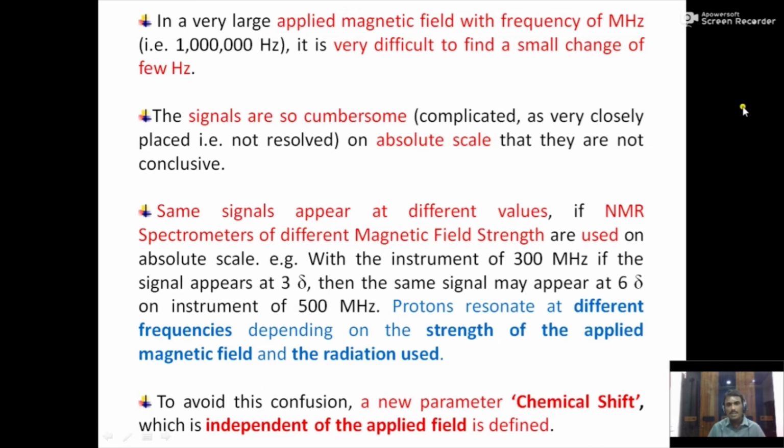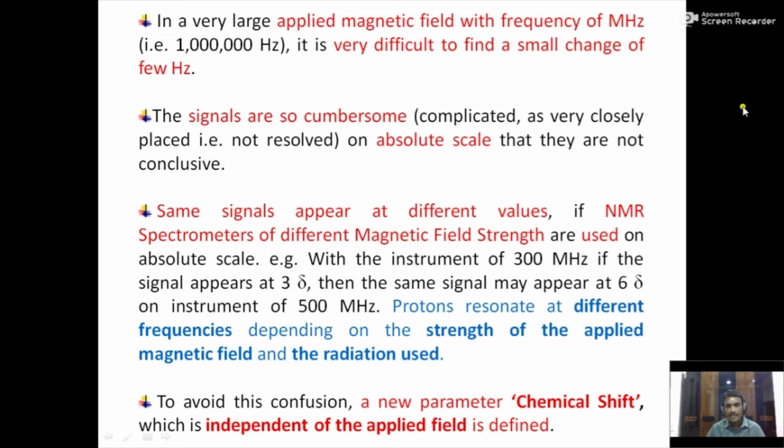Then it is possible that the signal will appear at different positions on the absolute scale. For 300 megahertz, the signal may appear at 3 delta, then for 500 megahertz, the same signal may appear at 6 delta or at some different value. I have just taken it as an example.